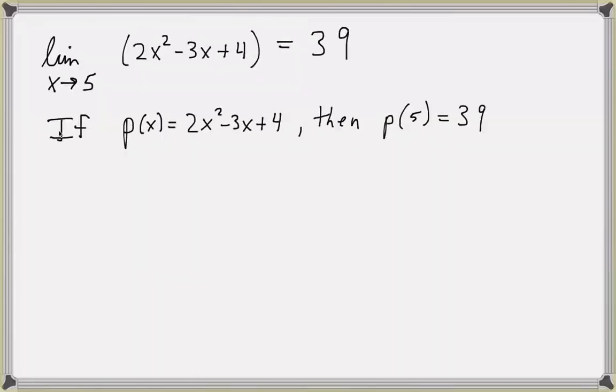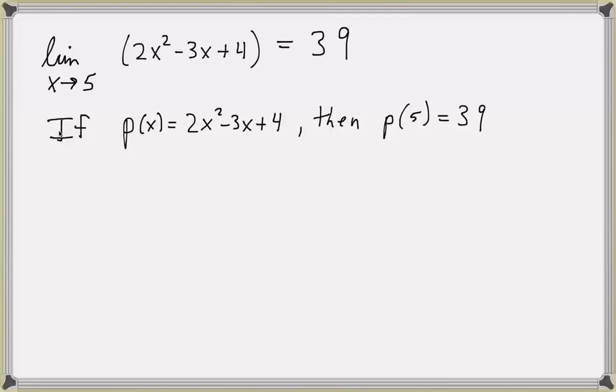Let's review the previous two examples. The first example we saw using limit laws was that the limit of 2x squared minus 3x plus 4 as x approaches 5 is 39. And we use the limit laws to break this up. But if you notice, the function in parentheses is a polynomial function. So if I defined the polynomial function p of x to equal 2x squared minus 3x plus 4, then notice that p of 5 is 39.